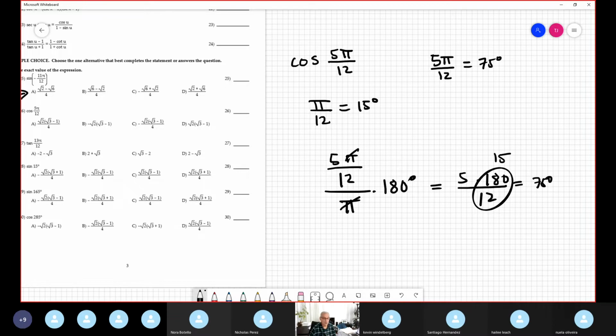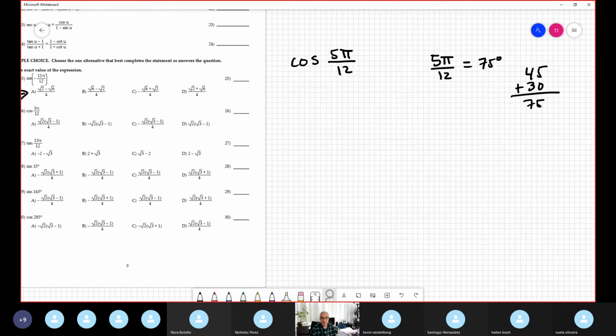So basically, I need to find the exact value of the cosine of 75 degrees. Well, I have no idea, I'm lost, but I know that the combination for 75 is 45 and 30, right? When you add these, it's 75. So one more time, we're using the formula of the cosine of alpha plus beta.